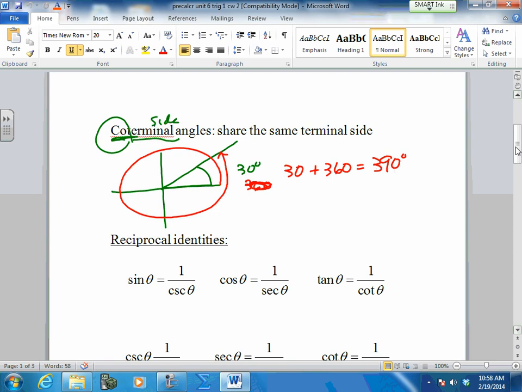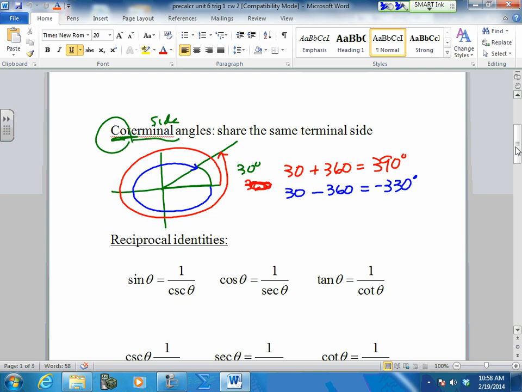Another coterminal angle could be what starts from my negative side. I start here, I come all the way around, and I terminate right there. How do you think I figure out that degrees? Negative 330. So you said 30 minus 360. Good, very good.